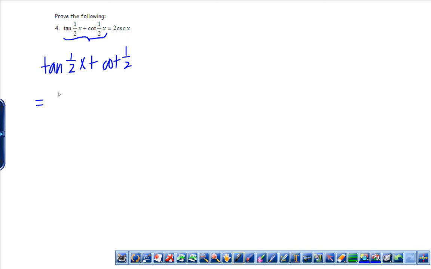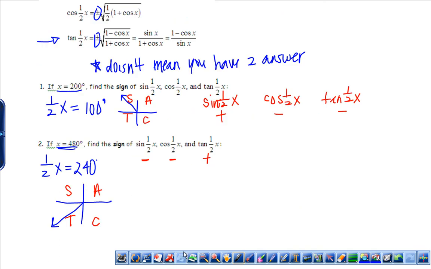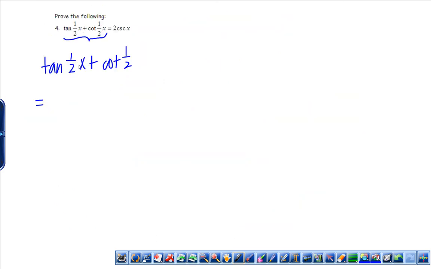And if you notice, sine over 1 plus and 1 minus. And if you flip either one of these, you get cotangent. So I'm going to use these two, and I'm going to use this for tangent. But I'm going to flip this and use it for cotangent. Then I automatically have common denominators.